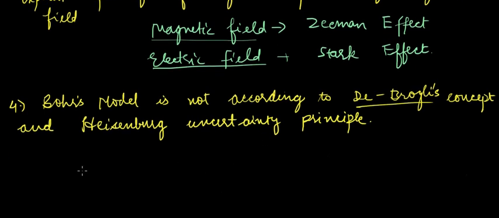Then he could not explain why angular momentum of electron is quantized.